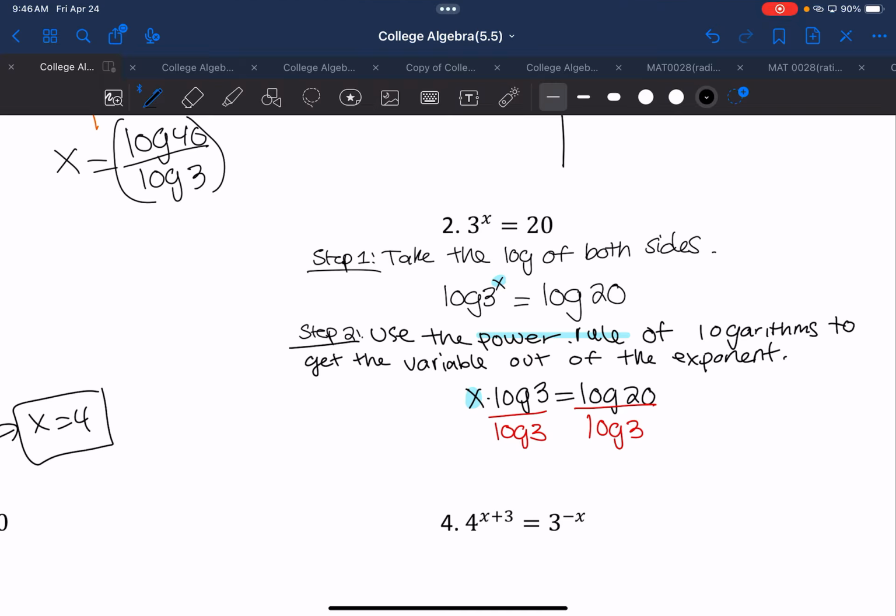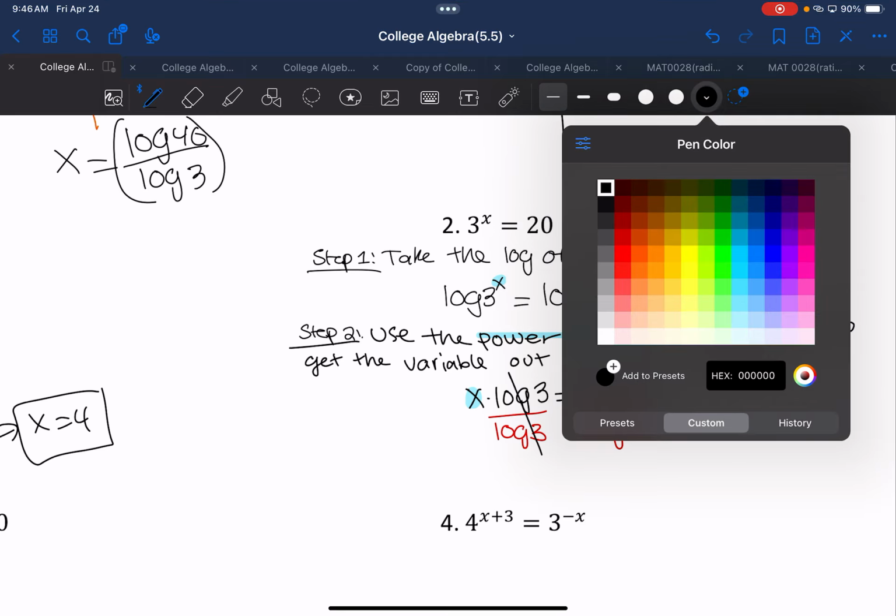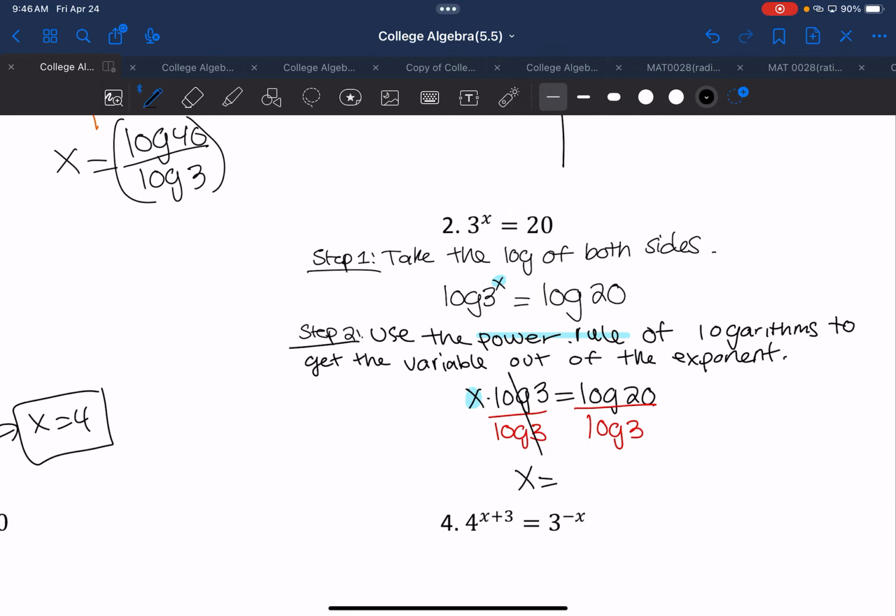In math, we just don't like to round until the very end, because it could change depending on how people round their answers. So at the very end, you will round. So just keep everything in terms of logs. But this will cancel, and this will be equal to log 20 over log of 3.